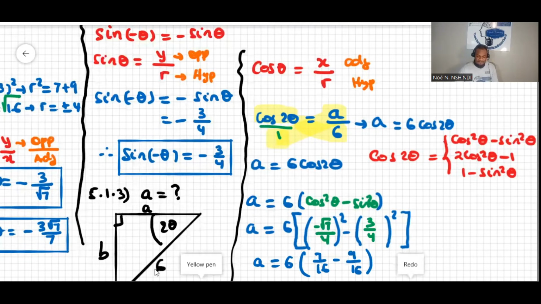Let's say that A will be equal to, okay, when the denominators are common, we can just work out the numerator. So this will be 7 minus 9, which is negative 2, so that makes negative 2 over 16, times 6 obviously.